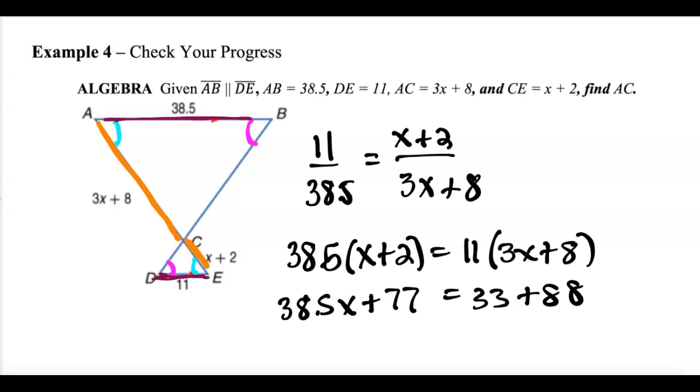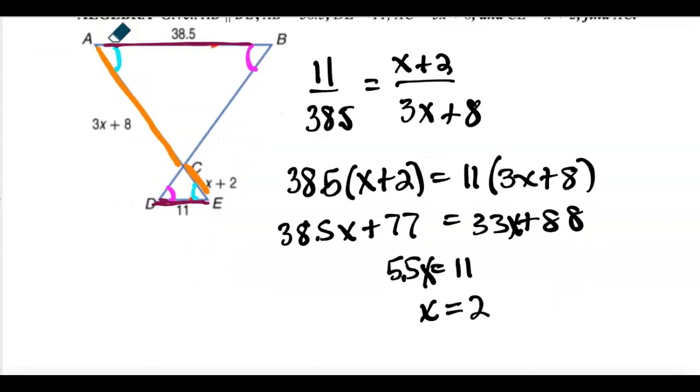Okay, I've done some markings on here, and we're about to solve for x. I forgot an x down here, so I would subtract 33 from 38.5, and we would get 5.5, and then we would subtract the 77, and we would get 11, and here's an x, so we'd have 11 divided by 5.5, and we get x equals 2.